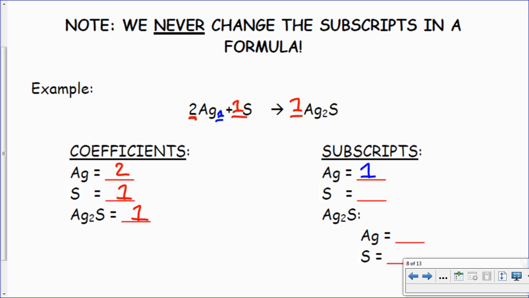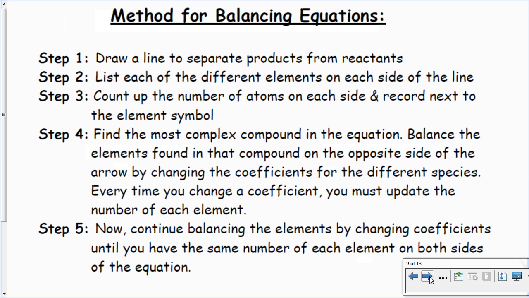For S, there's no number there, so we assume it's a 1. For Ag2S, there's a subscript for the Ag, that's a 2, and there's a subscript for the S, it's a 1. We know subscripts well from previous units on formula mass, but the coefficients are what we're going to use to balance equations.